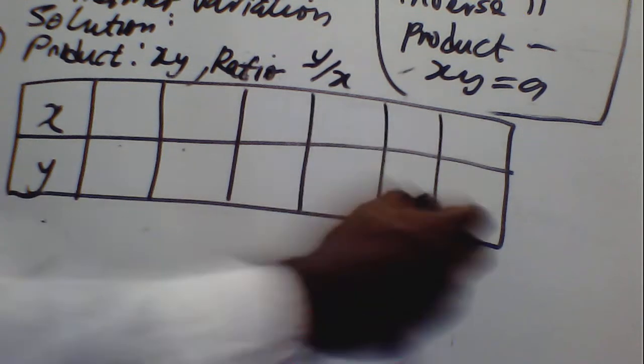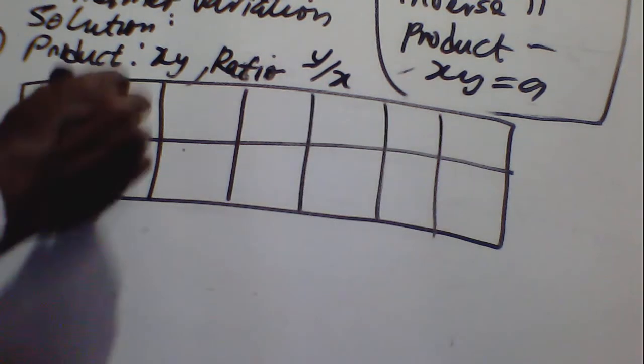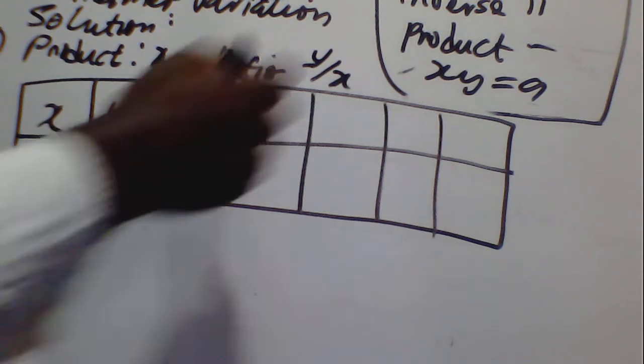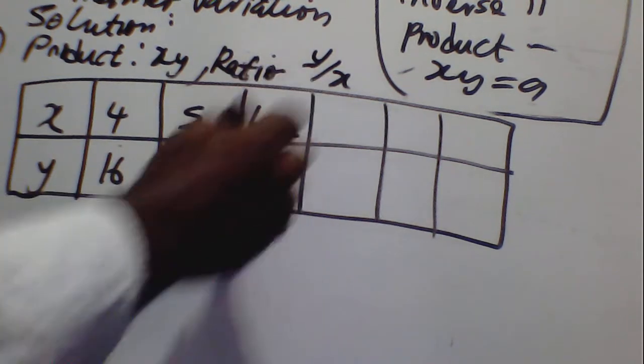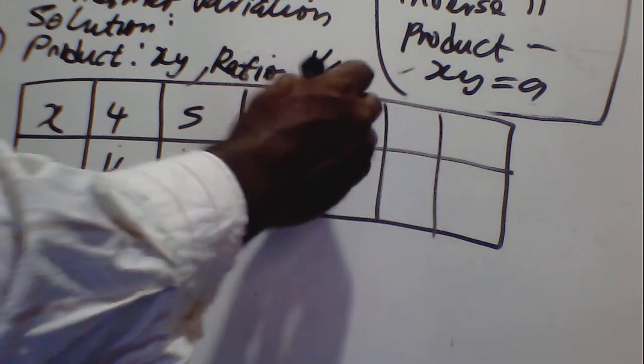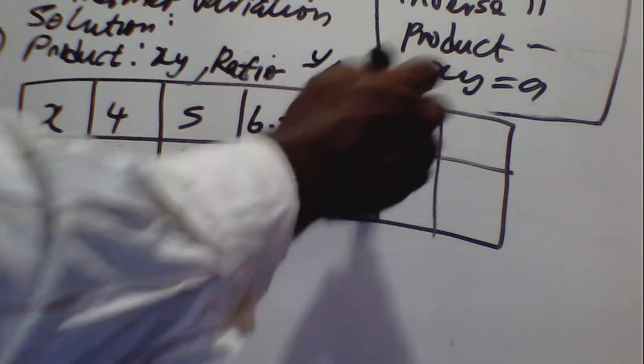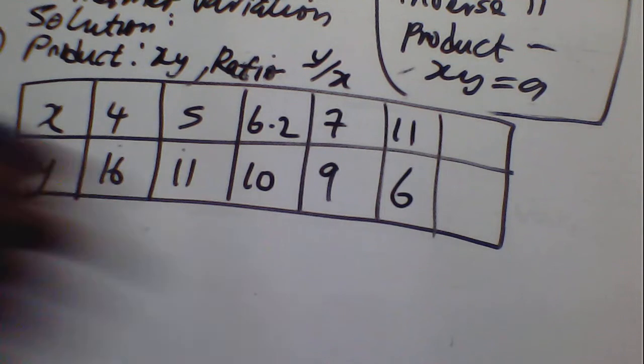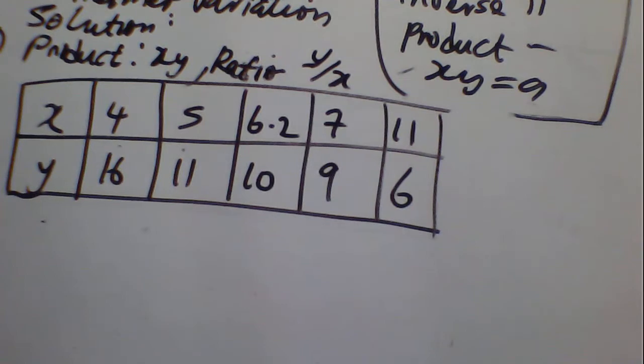We have 4, 16, 5, 11, 6.2, 10, 7, 9, 11, 6. So this is another set of data. How will you find the product or the ratio?